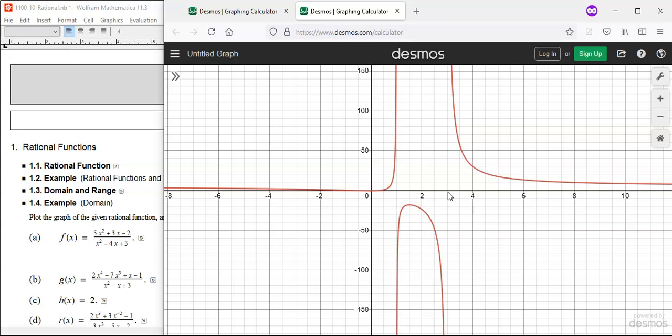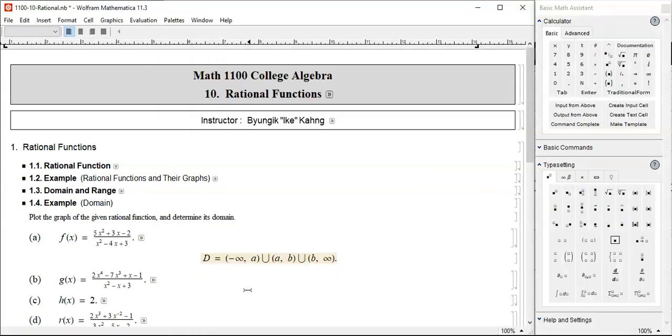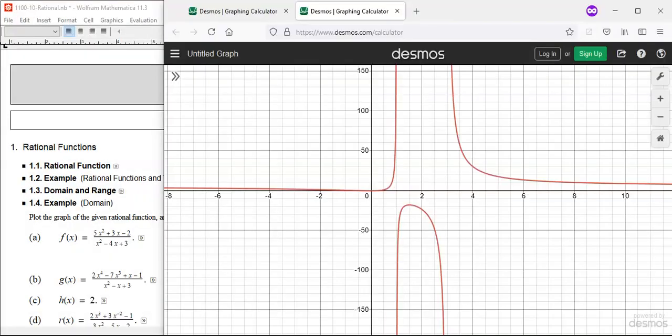Now, one final question here. Bracket or parentheses? Of course, we have parentheses around negative infinity and positive infinity because infinities are not real numbers, so that's always going to be parentheses. Nothing is equal to infinity. How about A and B? Are they part of the domain or not? The answer is no. Look at the y-coordinate here.